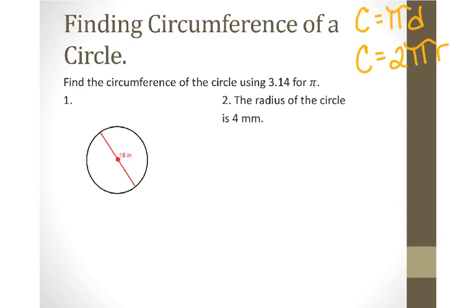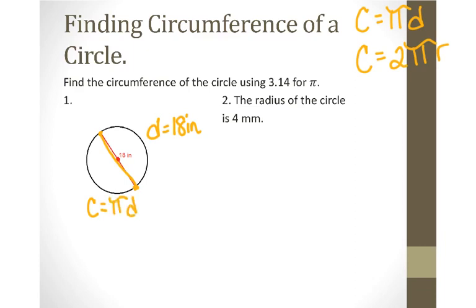So looking at number 1, I'm noticing I'm going from both sides of my circle out. So that tells me that I am given a diameter, and that my diameter is equal to 18 inches. So knowing the two formulas that I have, since I'm given the diameter, I'm going to use circumference is equal to pi times diameter.